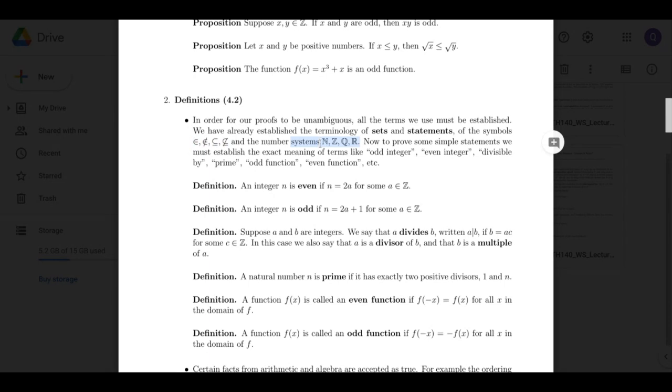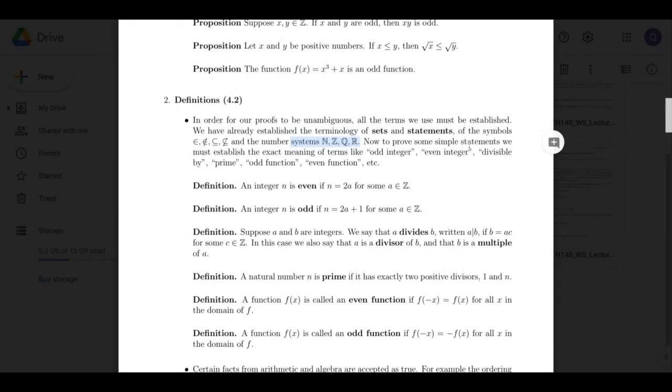And for the number systems, we use these 4 letters. This double-line N means natural numbers, counting numbers. The second one, Z, integers. Q, rational numbers. R, real numbers.